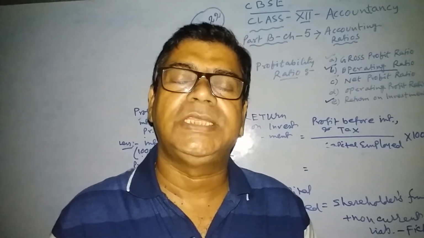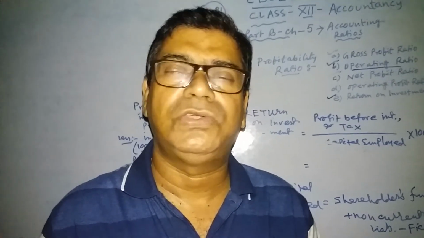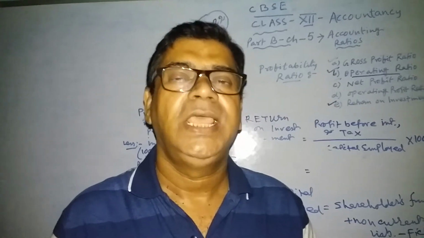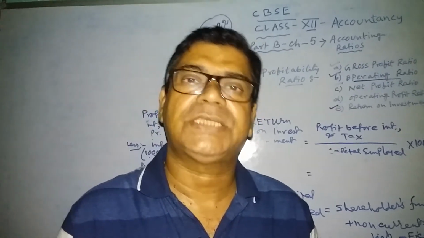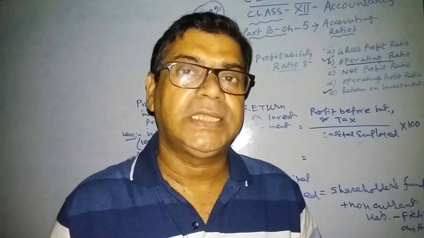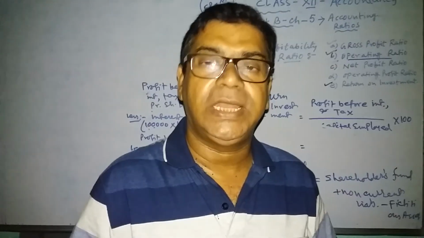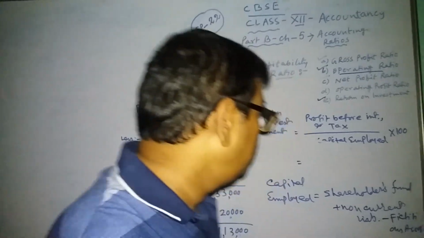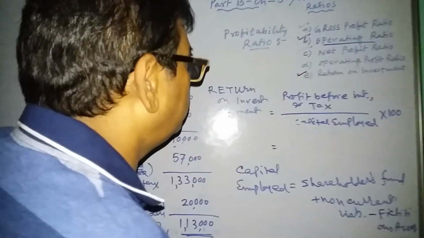So out of all these fictitious assets, if any one or two items will be given in the question, then we have to subtract it from the shareholders fund and the non-current liabilities. Keep in mind to calculate the capital employed. Then we can move to this formula.